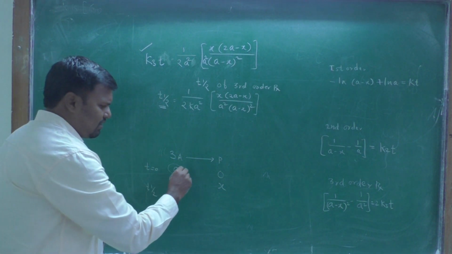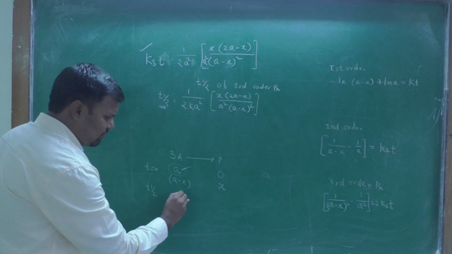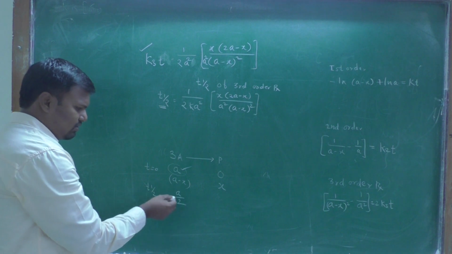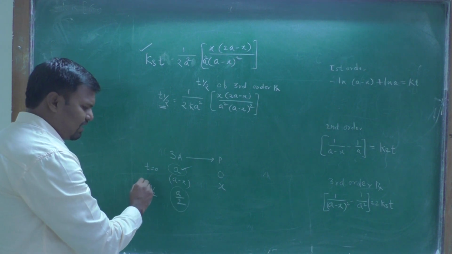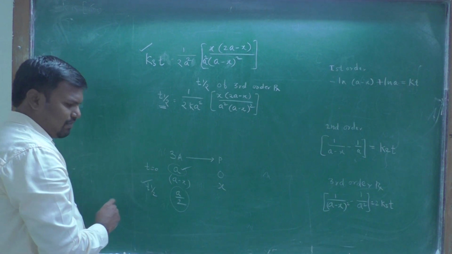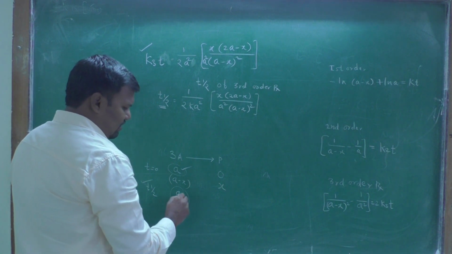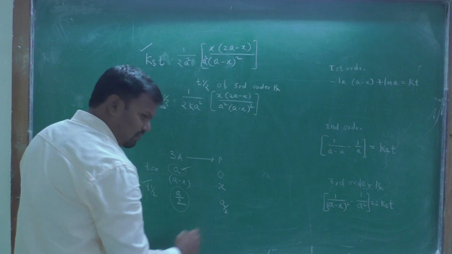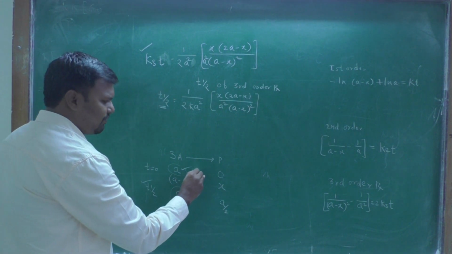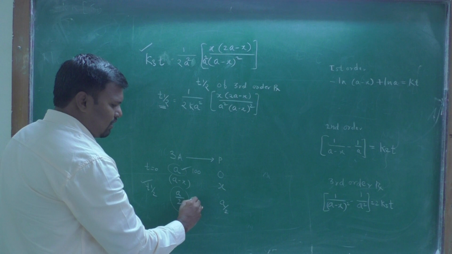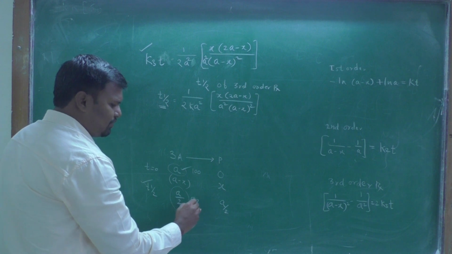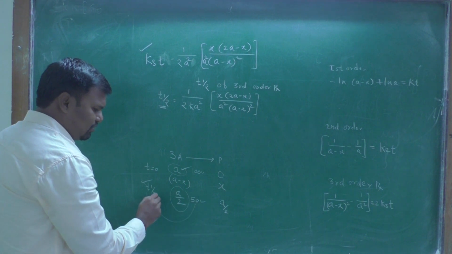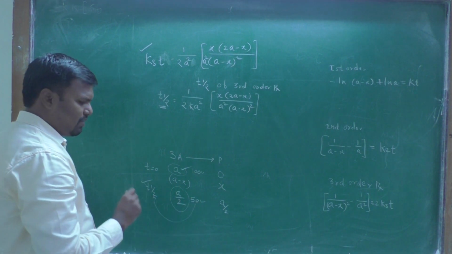When the reactant becomes half, that time is called the half-life period. And it is a by 2, and the product is also a by 2. Suppose at the start it was 100, after t1/2 it remains 50. The quantity remains half, and that time is called the half-life period.